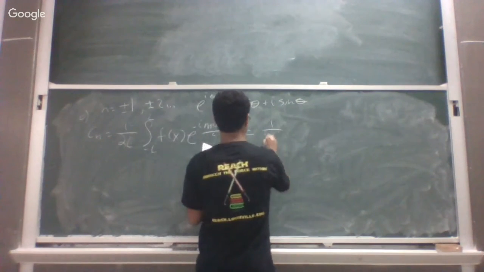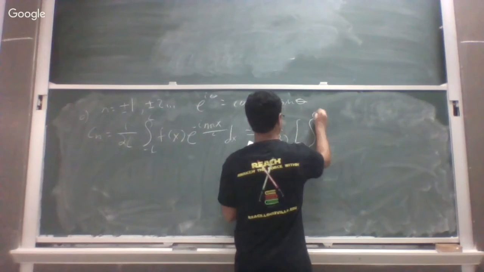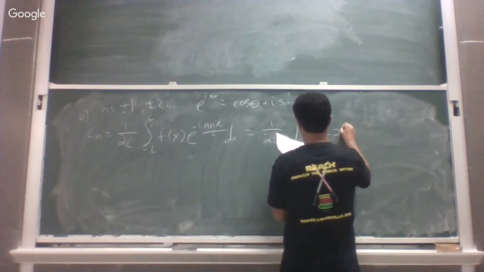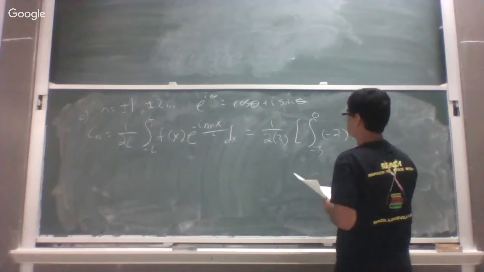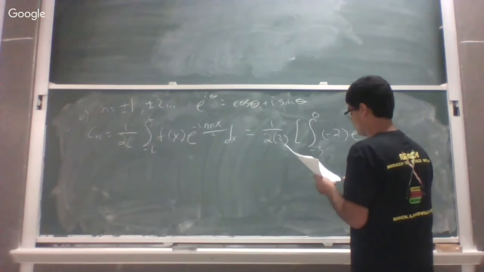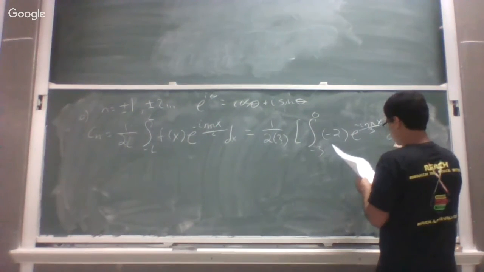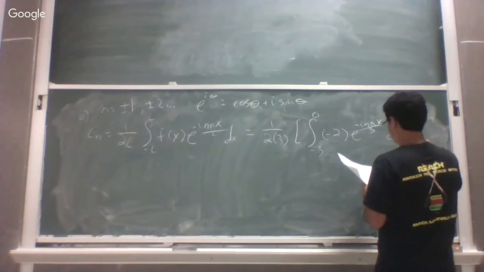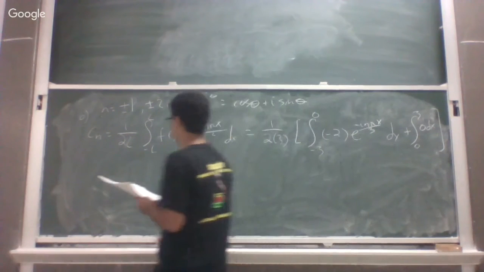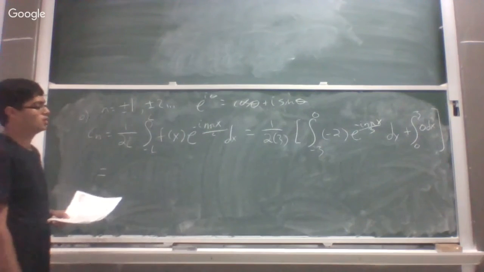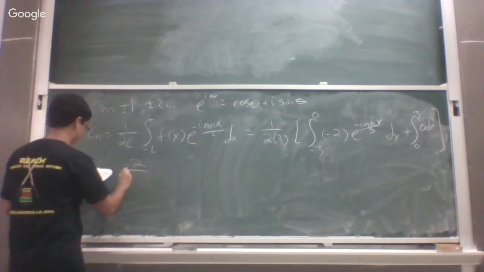We have 1 over 2 times 3 for l, going from negative 3 to 0 of f of x, which is a negative 2, times e to the negative I n pi x divided by 3 dx, plus, and then this is just going to be 0.